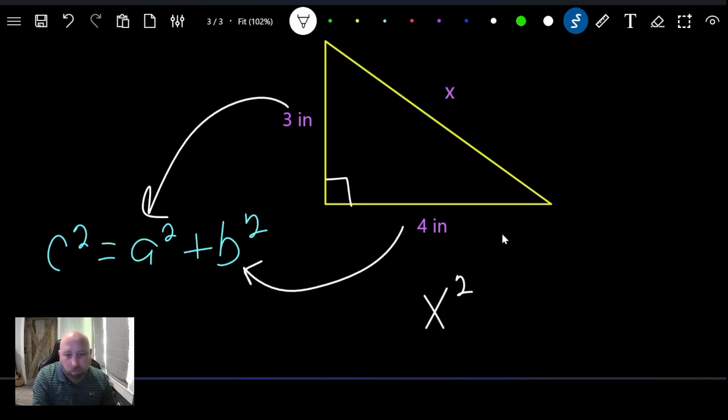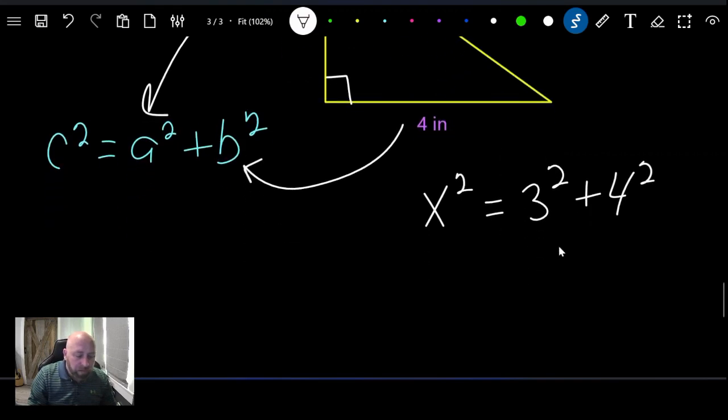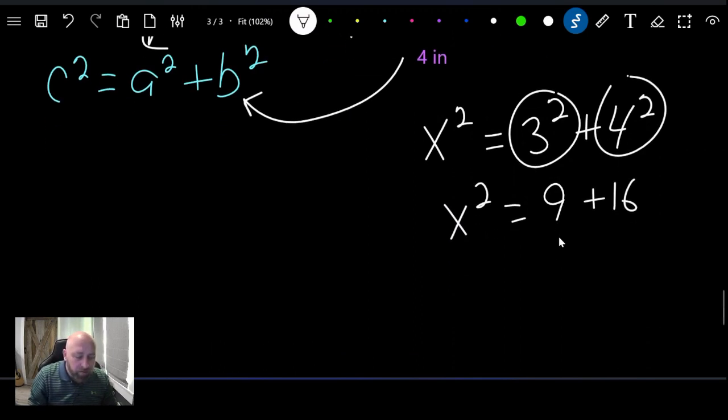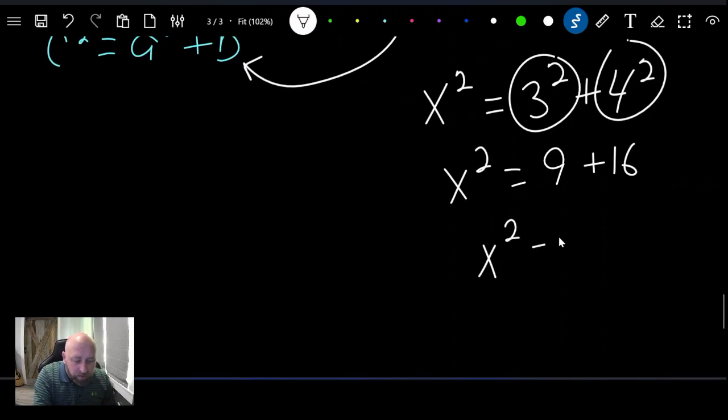Doesn't matter, either one. x squared equals a squared, which is 3 squared, plus b squared, which is 4 squared. And now we have x squared equals, and this is 9, and this is 16. And so you end up with x squared equals 25.